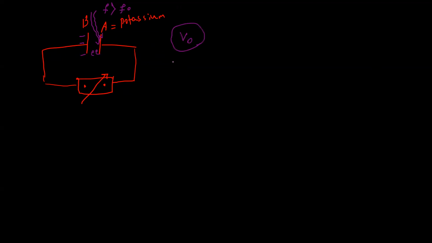Right now, we have a formula. The KE, kinetic energy of the photoelectron, is equal to the charge of electron times V naught.